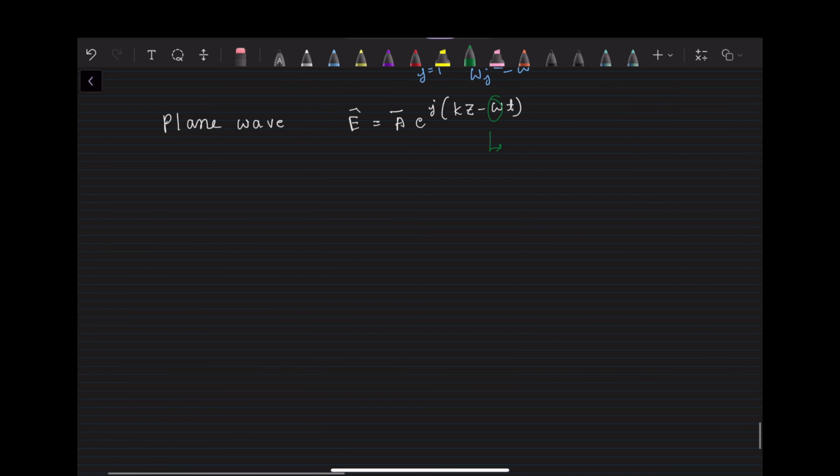Then this is called the carrier frequency. And let's assume this is a complex envelope function A, so we can write A as this. So A is a function of the position vector.